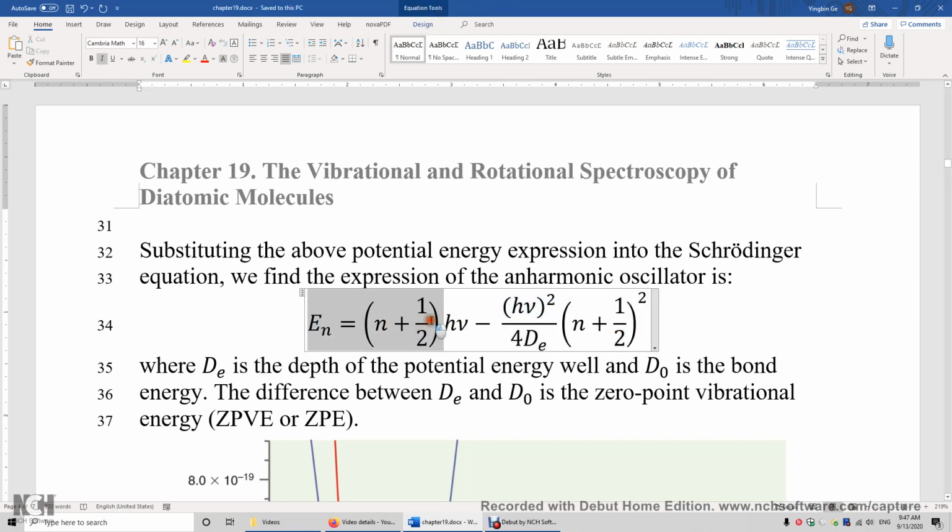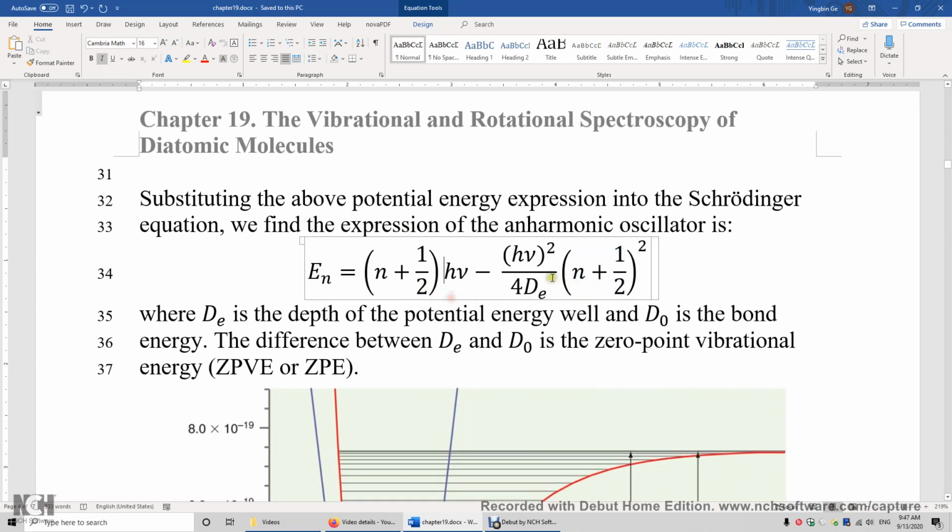So you see this part is the expression for the harmonic oscillator. And then if you have an anharmonic oscillator, you just need to add some correction here. This correction is much smaller than this term. The anharmonicity is typically small.